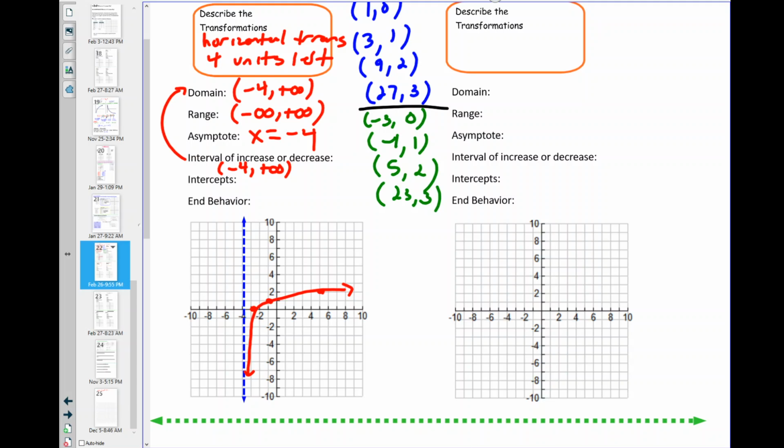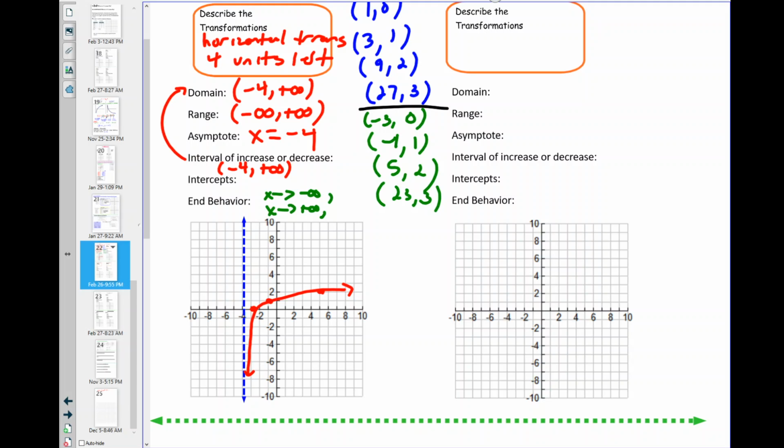We can tell the x-intercept by looking at it. But let's do those algebraically. We'll do those right underneath. So let's jump to end behavior. As x approaches negative infinity, as x approaches positive infinity.